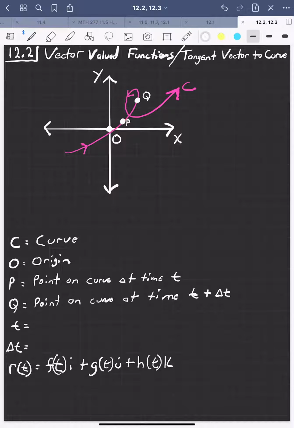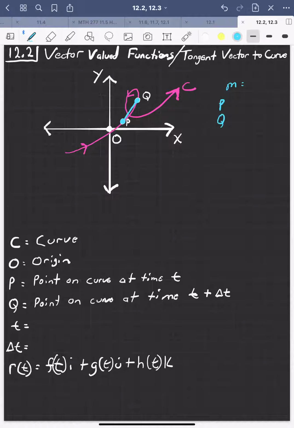Well, you know that if you had 2 points, so for example, P and Q, it's very easy to find the rate of change between 2 points. If you have point P, you have point Q. Well, 2 points is very easy to find the slope, right?